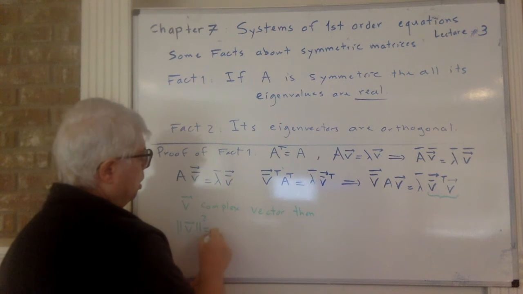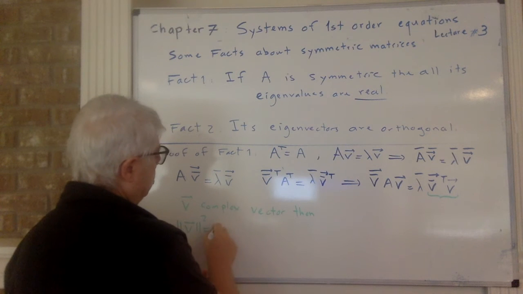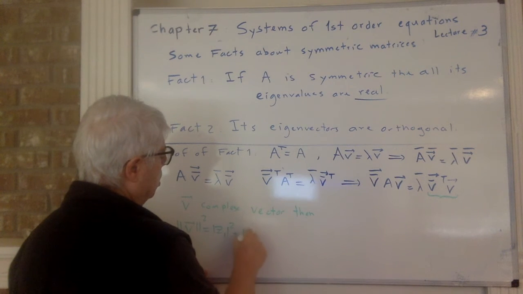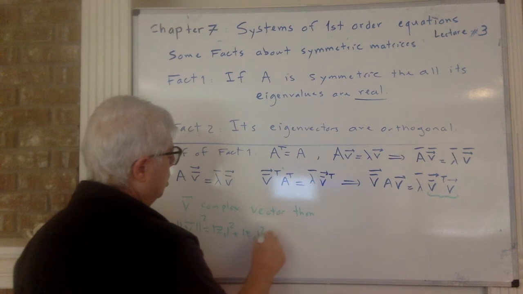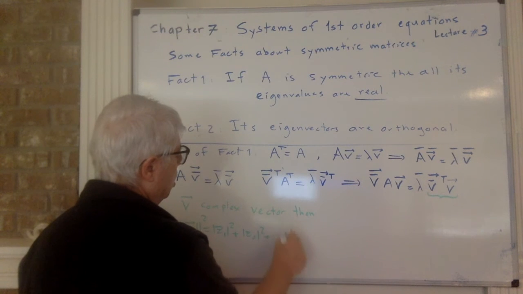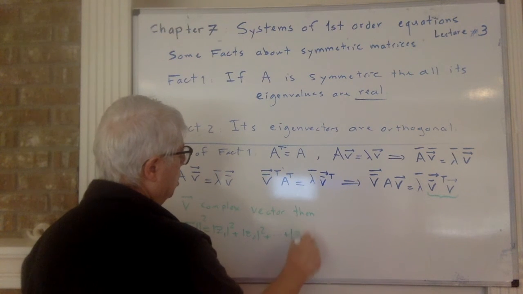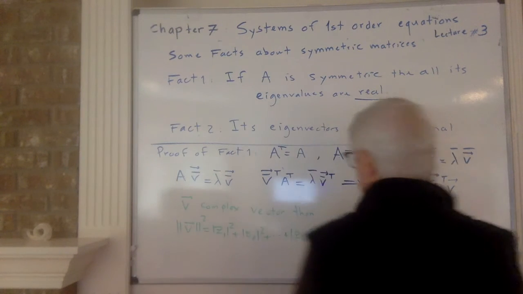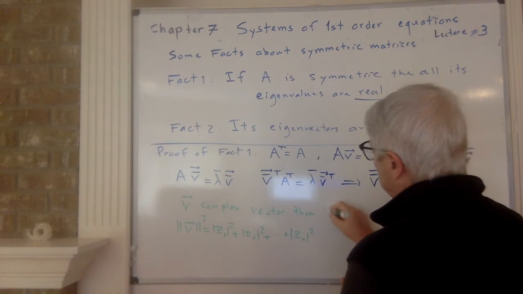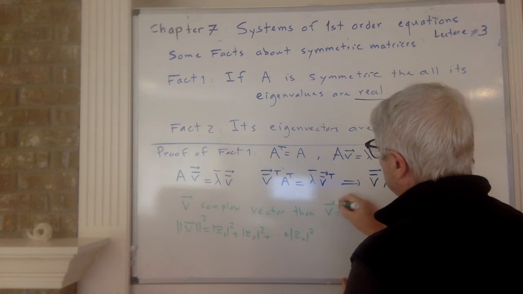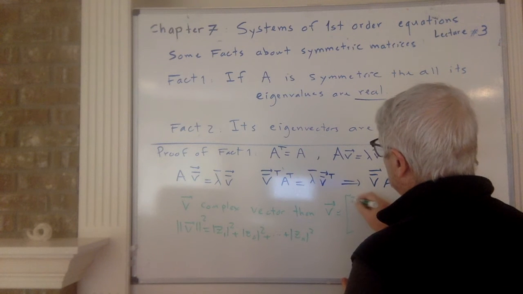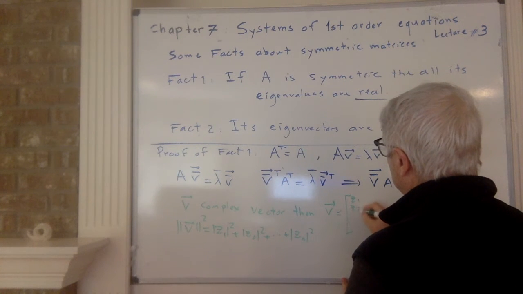This is Z1 squared, Z2 squared, Zn squared, in magnitude. Now what is Zn, Z1, Z2? V is a complex vector, so it is something like this, Z1, Z2, Zn.